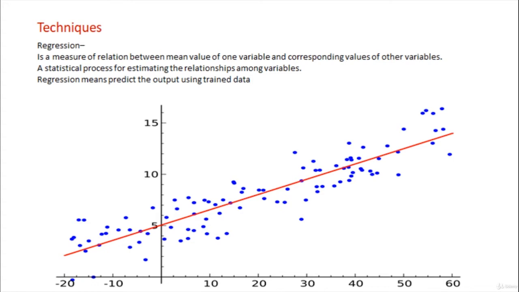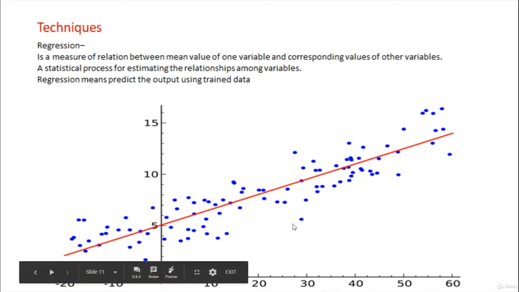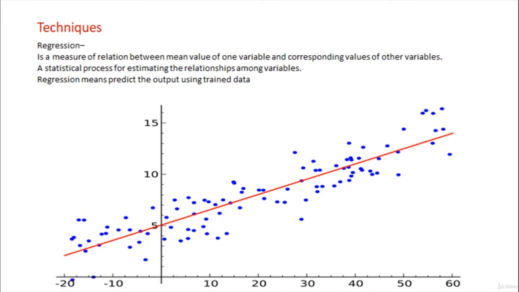Suppose there is an independent variable on the x-axis and a dependent variable on the y-axis. As the variable on the x-axis is increasing or decreasing, it looks into this, and based on that it estimates the relationship between both the variables, x and y.